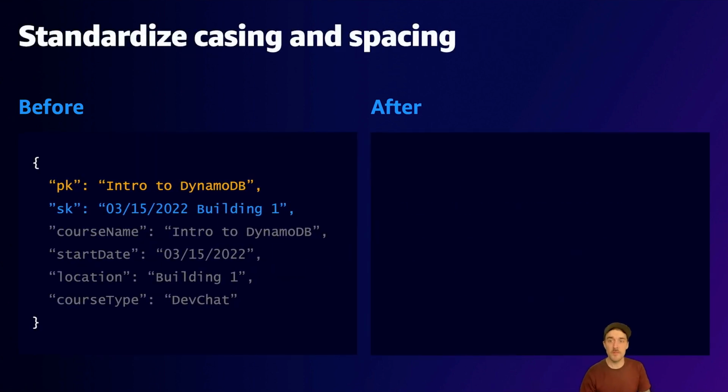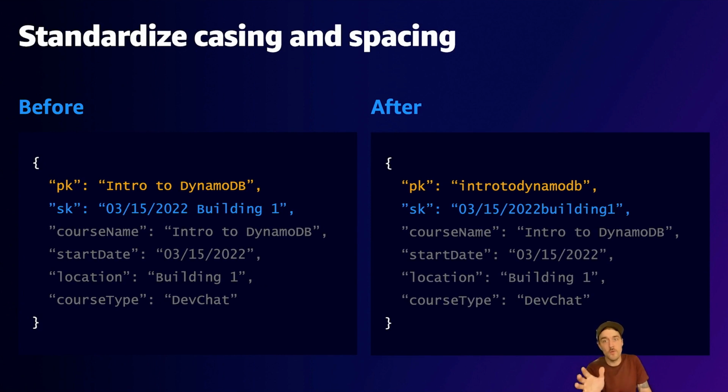Well, the first thing we can do is remove spacing and standardize the casing of our values. When we're dealing with natural keys, you want to reduce the burden of the caller to have to know information. That's just useful in general.